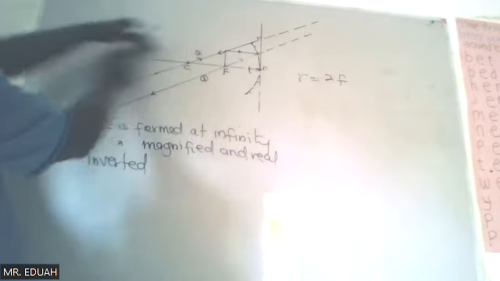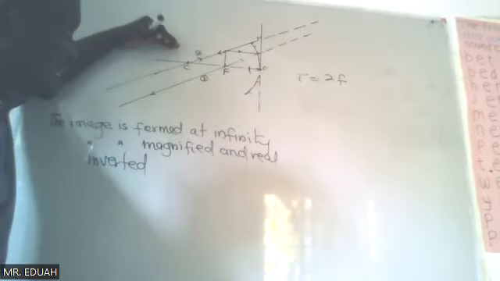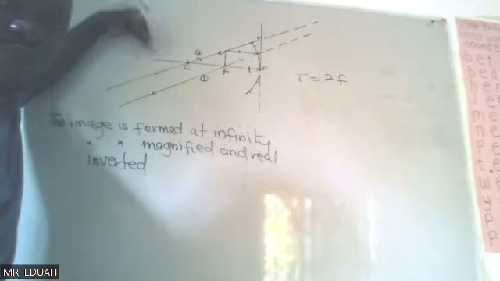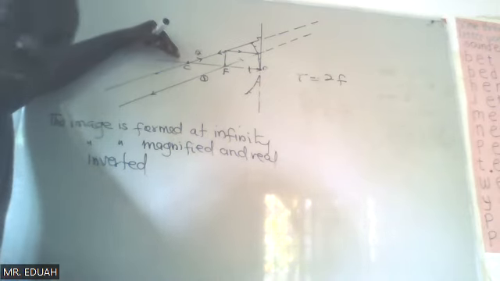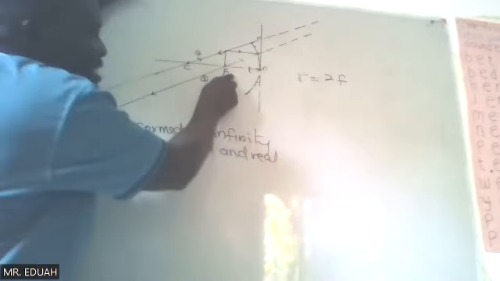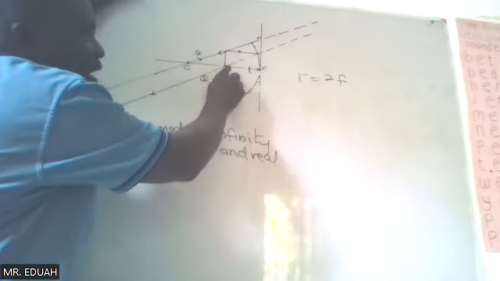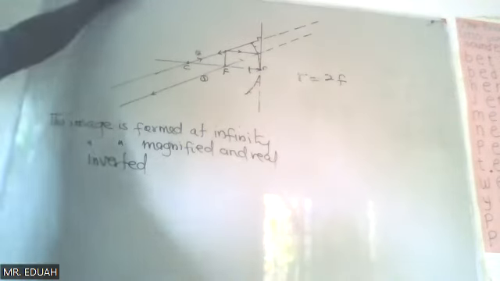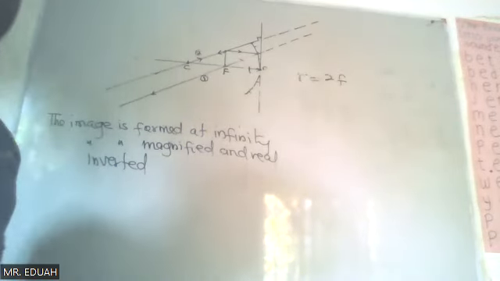Any position behind C, from between infinity and C, gives a real, diminished image. Now it changes when the object comes between F and the pole. Please, any question before we move on to the next?